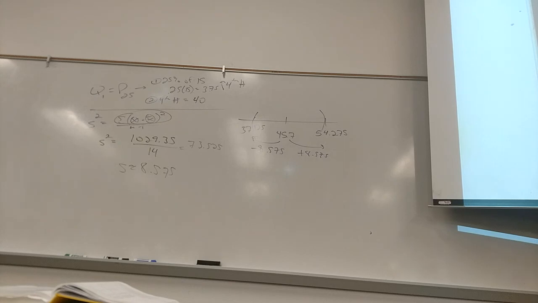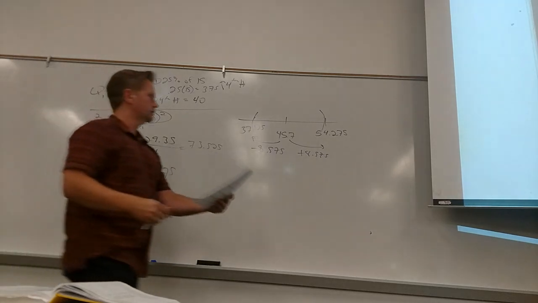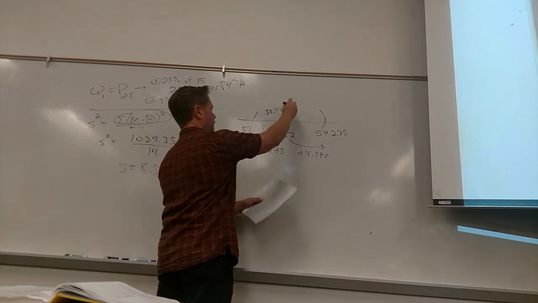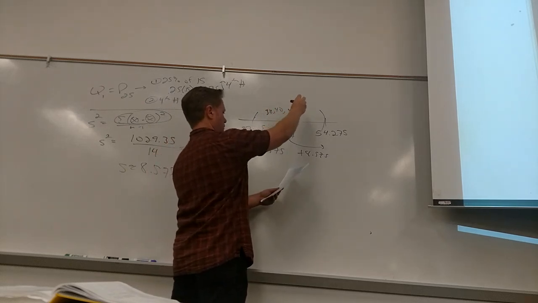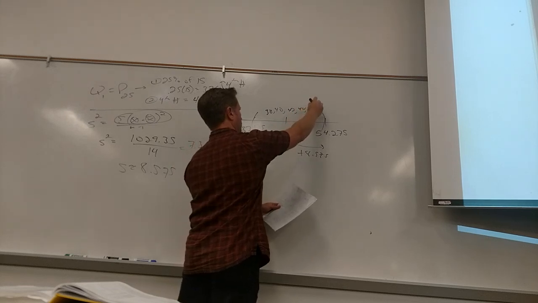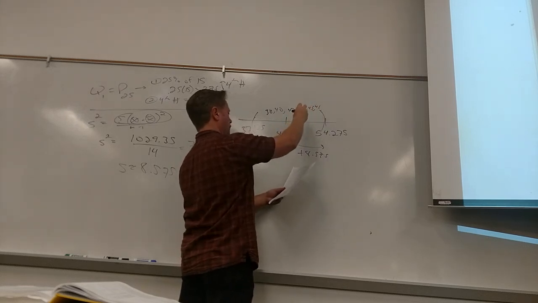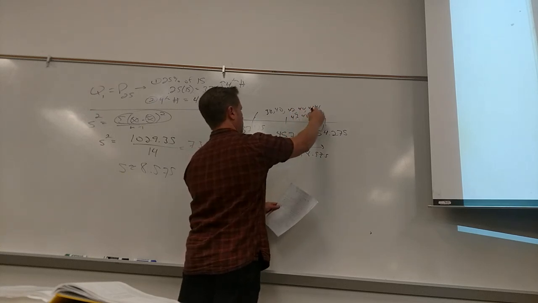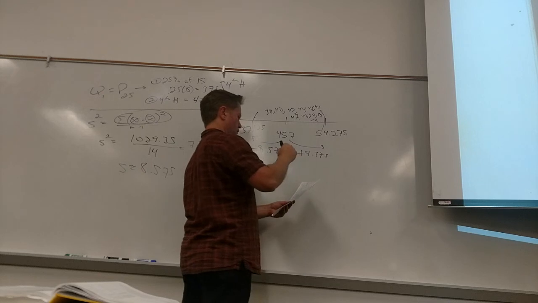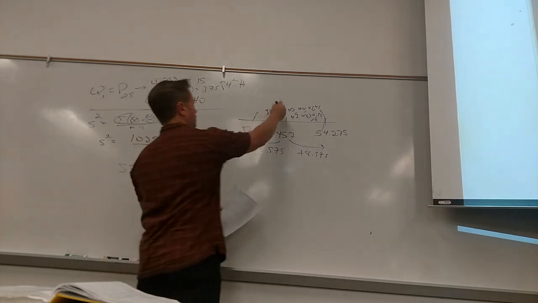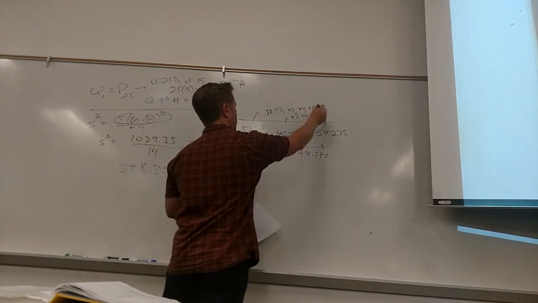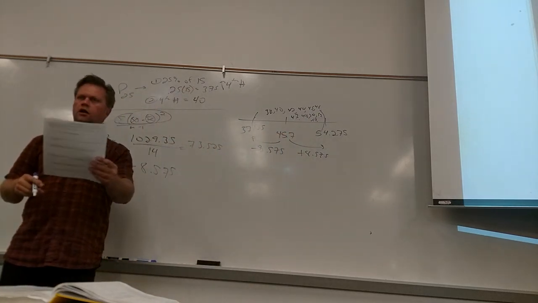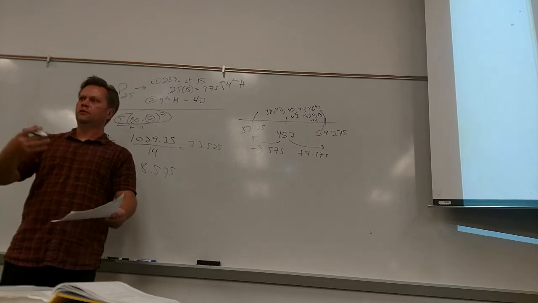Of course, it's easier if you have them in order. 38, 40, 42, 44, 45, 45, 47, 48, 50, 52, 53. So I caught 1, 2, 3, 4, 5, 6, 7, 8, 9, 10, 11. Got 11 data points out of 15.